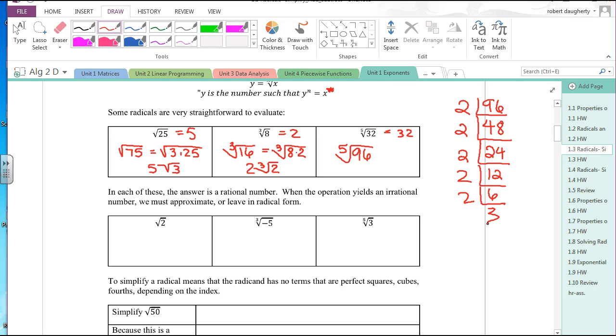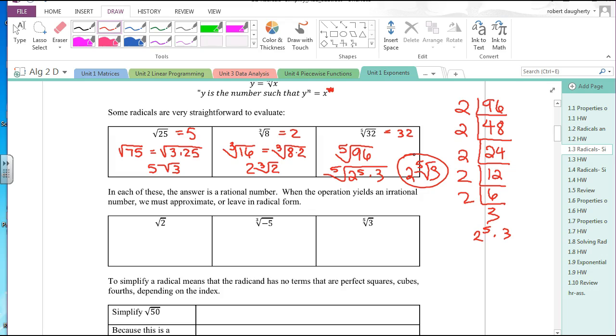How many 2's do you see here? So this is 2 to the 5th times 3. All right? So this is the 5th root of 2 to the 5th times 3. What's the 5th root of 2 to the 5th? 2. So this whole answer is 2 times the 5th root of 3.